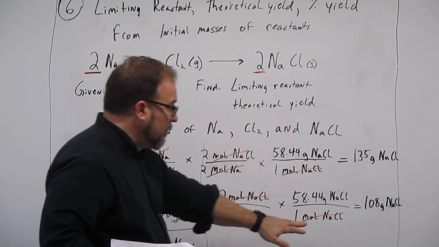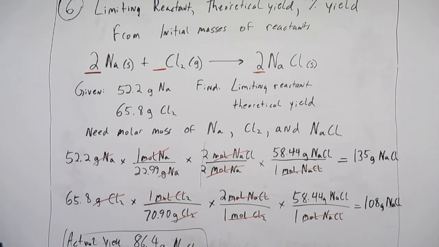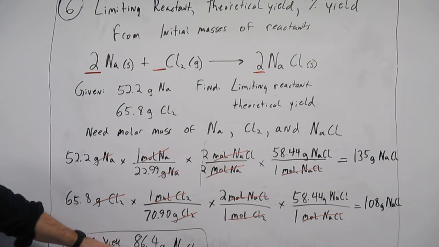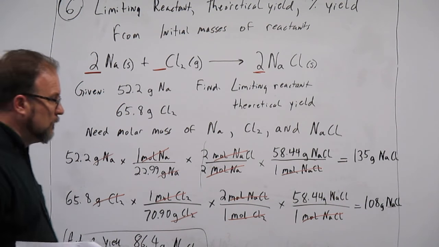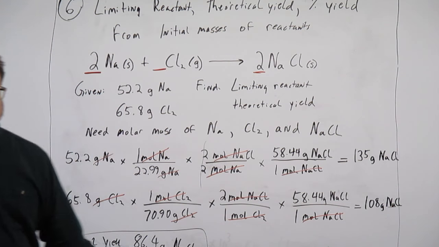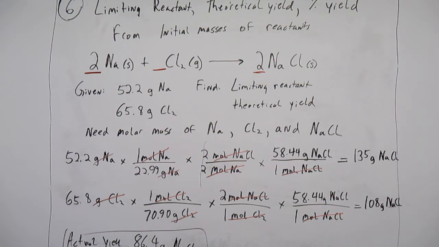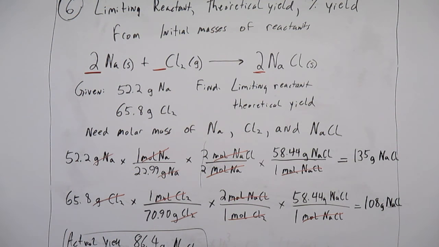On the board, the theoretical yield was 108 grams of sodium chloride. Due to inefficiencies and impurities in the substances, what does this tell you? It tells you that you're never ever going to be able to produce the theoretical yield. You could get real close to 108 grams of sodium chloride. You might even get 107, maybe, but you'll almost never get 108, okay? Turns out in this experiment, you got 86.4 grams of sodium chloride.